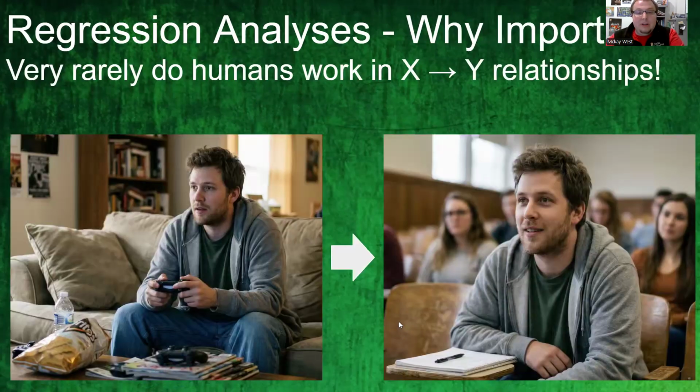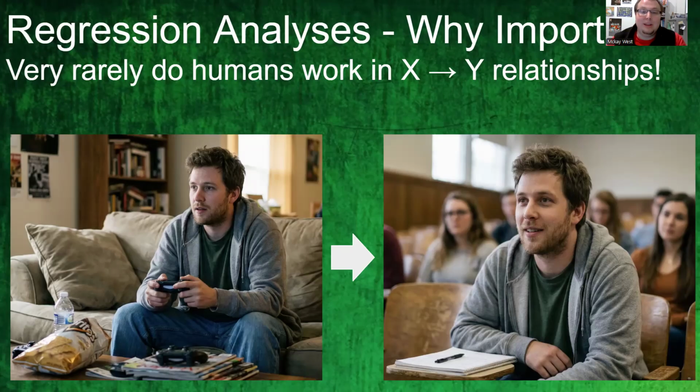One final thing before we wrap up this video: why we're looking at these different types of regression, and especially those last two, moderation and mediation, which might seem a little more complex than what we're used to in asking questions in our studies. It's important ultimately because human beings, and all these things that we usually study, don't work in X to Y relationships.